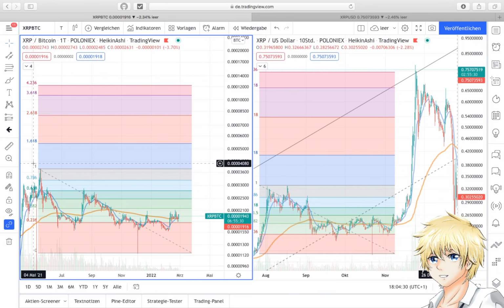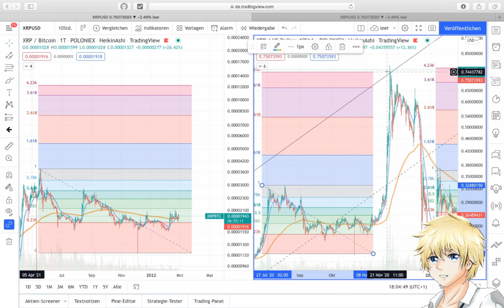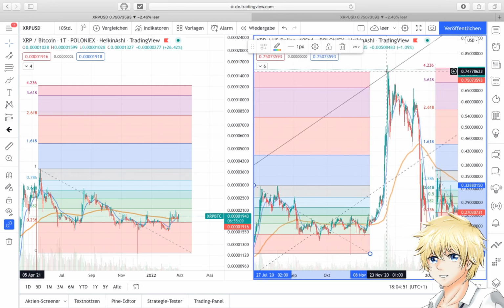Just based on the fib level of the XRP BTC chart, I figured out this target already, and I compared it to an already past chart of XRP dollar that looked alike and behaved in a way that it hit this exact target of the 4.236 here at the top, right?